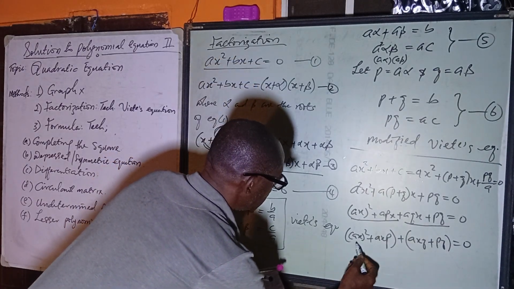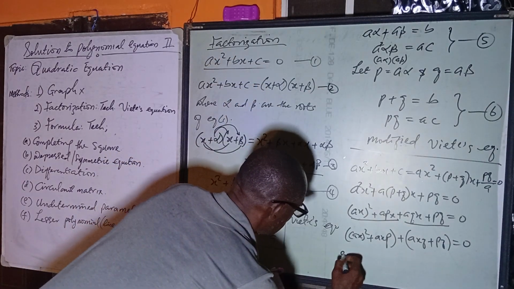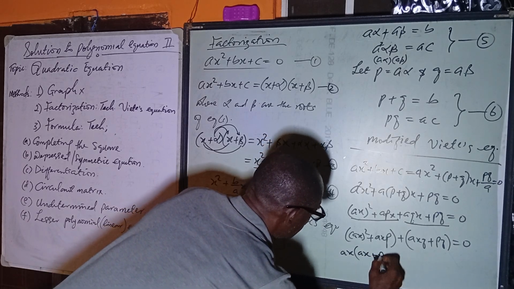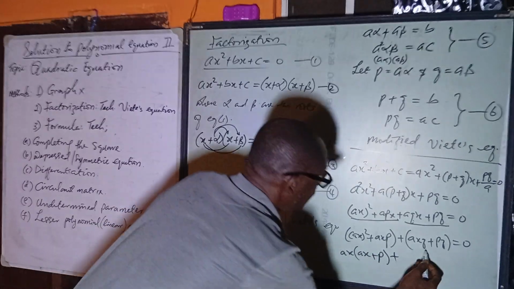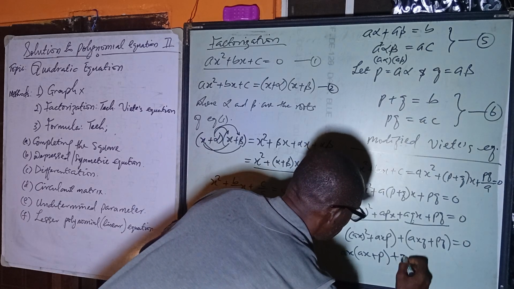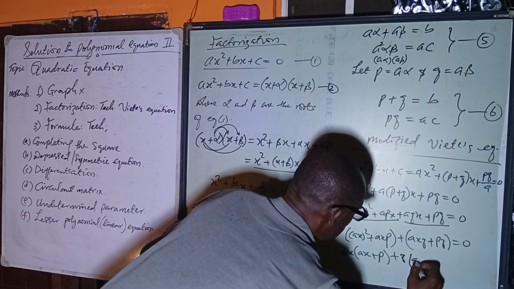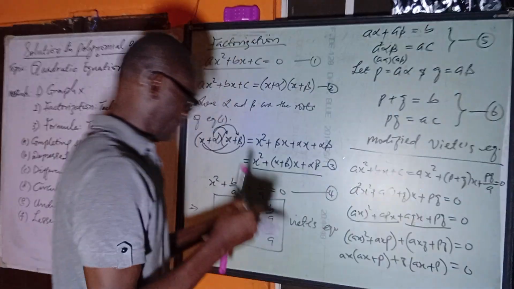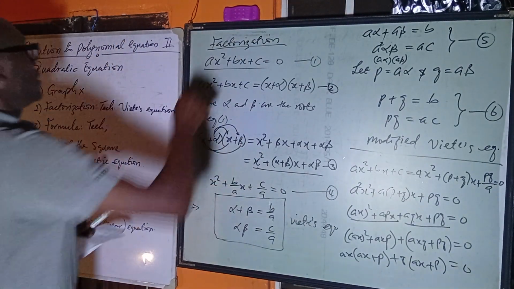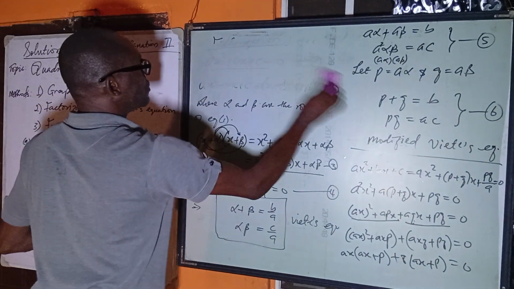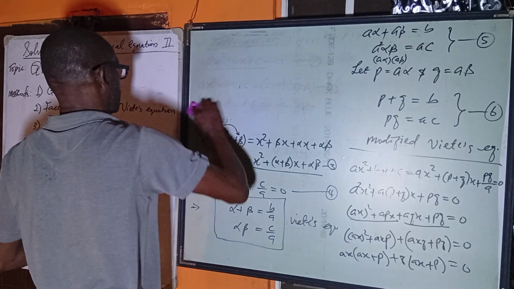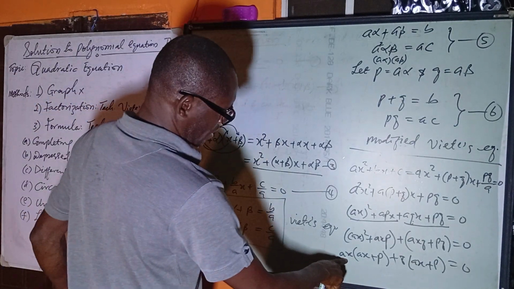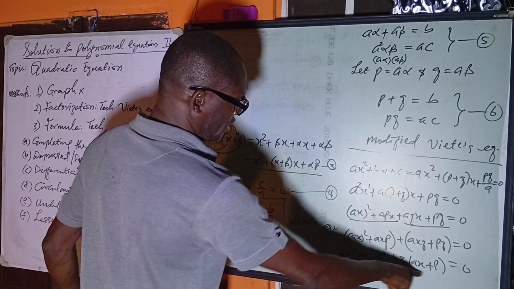I collect items: ax is common in the first two, so I have ax into (ax plus p), and I collect q into (ax plus p) equals 0. Now ax plus p is common.